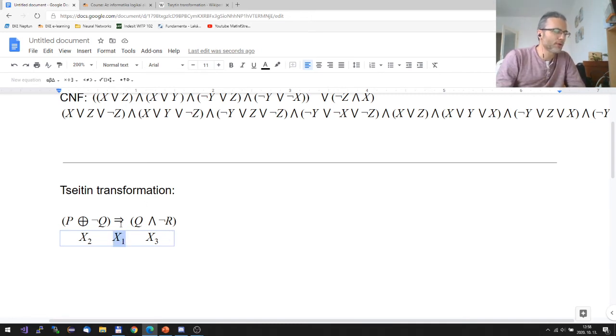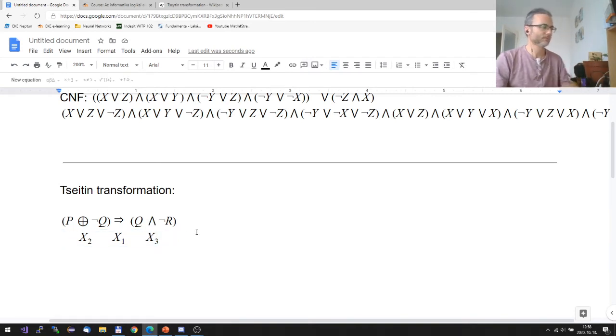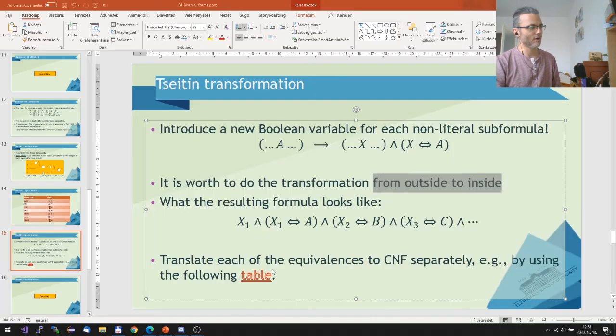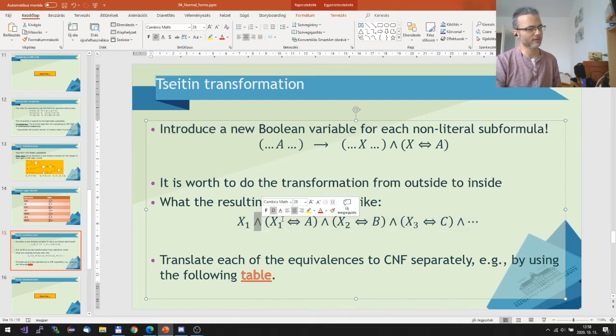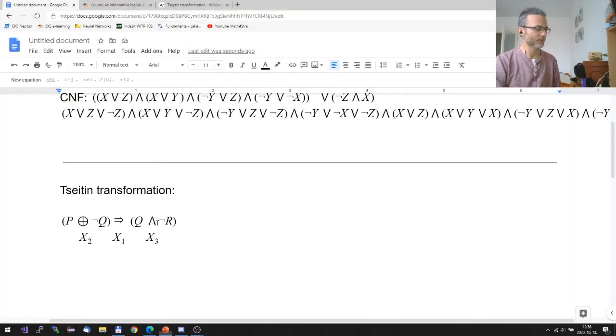So I introduced the first variable x1 for the implication, x2 for the left-hand side of the implication, so basically for representing this XOR, and I also introduced x3 for representing this conjunction. And let's see how we proceed. So first, let's start with x1 and conjunct it with the definition of x1. So basically, x1 represents the entire formula.